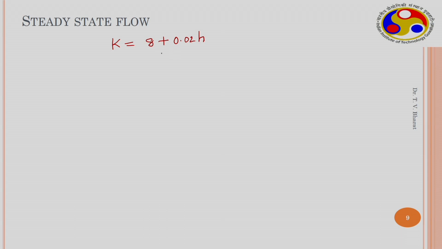So this is 8 in centimeter per day, so therefore this is also in centimeter per day, and this coefficient is a in the earlier equation, and this is b. This has units of per day, so therefore this is centimeters, and this is 1 over d, so therefore it has units of centimeter per day, right? Dimensionality is fine.